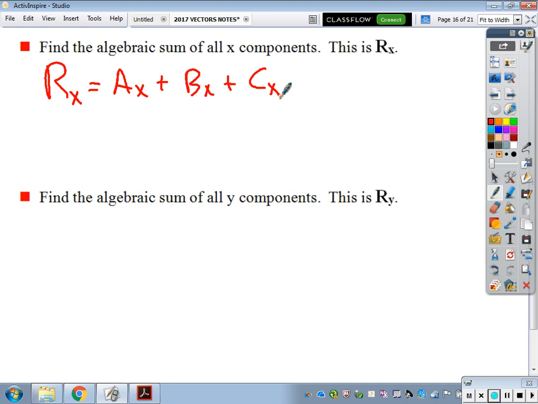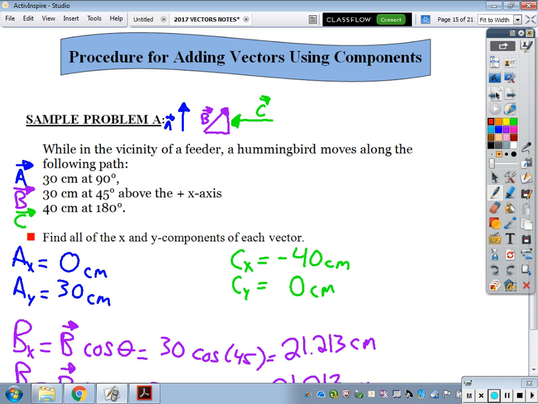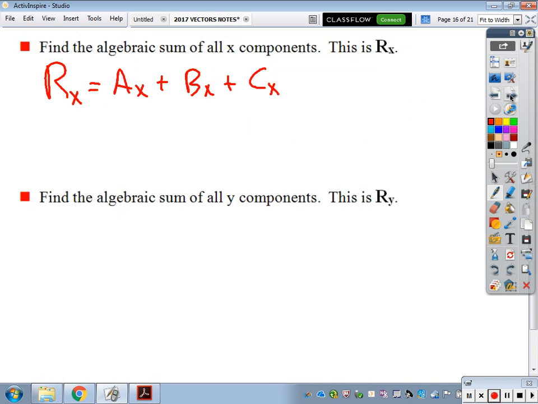So then let's go back to our values. Okay? What is Ax? 0. Okay? So 0 plus, what's Bx? 21.213. And what's Cx? Okay? Negative 40.